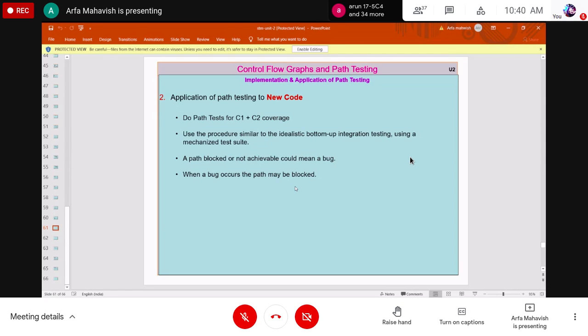In the data flow testing we have data flow testing and domain testing. We have 4 things in this second unit. First we will go with the transaction flow: what is the transaction flow, and what are the transaction flow testing techniques.